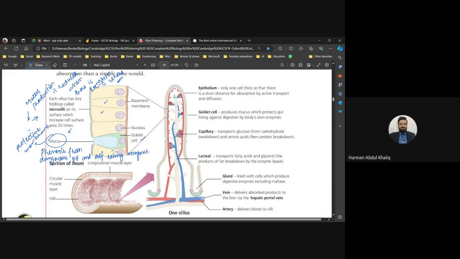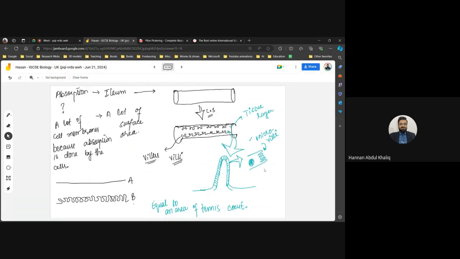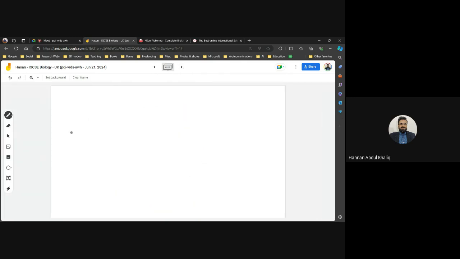Okay. Now moving on to the villus, you can see, looking at the previous diagram that we drew yesterday, we are looking at these cells. These are called enterocytes, and these are present like this, one, then another one, and they are so close to each other.